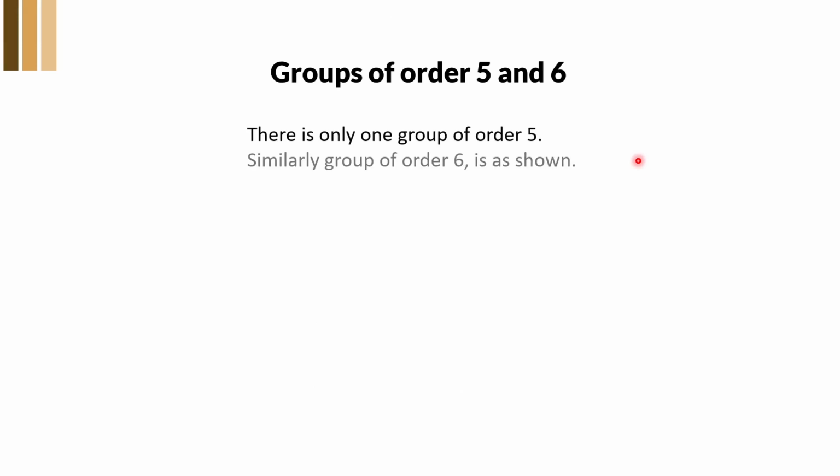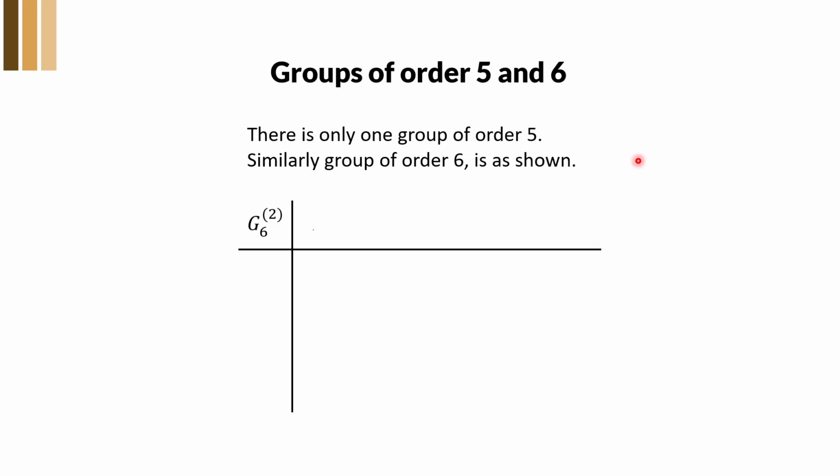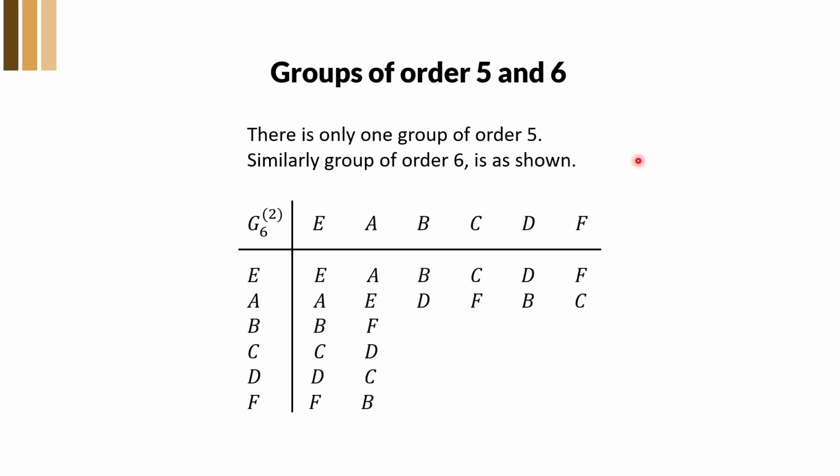So this is the way in which group multiplication tables of various orders can be constructed. However, this knowledge of mathematics to construct a group multiplication table is not very important in dealing with group theory and symmetry, and therefore I'll sum up by saying that if you want to write a group of order 6, then the possibility could be of this kind, as shown in this group multiplication table.